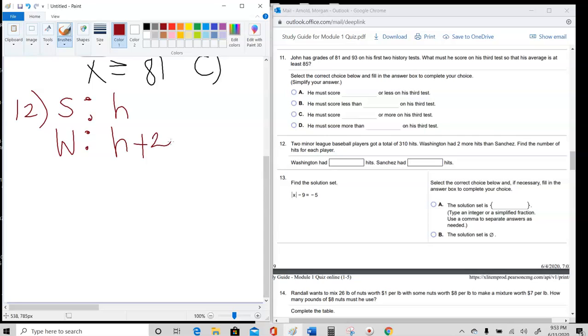So together they got a total of 310 hits. So Sanchez plus Washington equal to 310. Our equation is set up, ready to solve. Combine the h's, that gives us 2h plus 2 equal to 310.